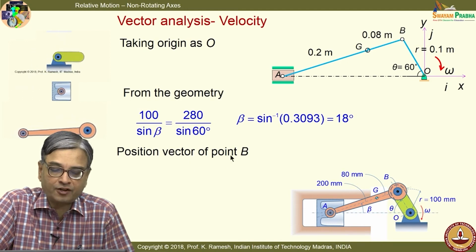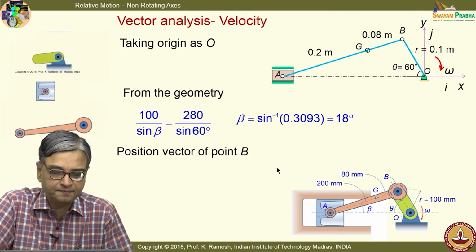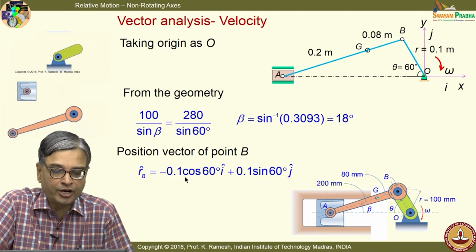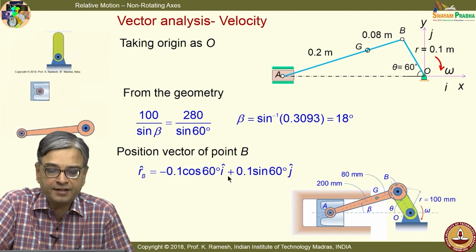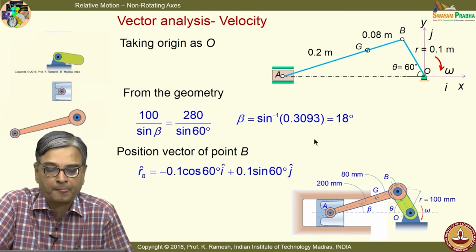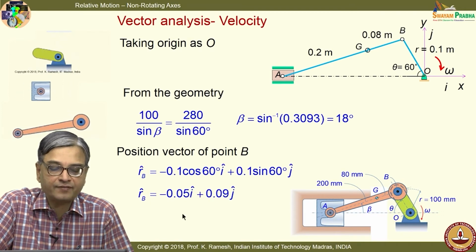So, the position vector of point B you can find out and write very easily. That is nothing but minus 0.1 cos 60 degree i plus 0.1 sin 60 j. When you simplify, it takes a value like this.